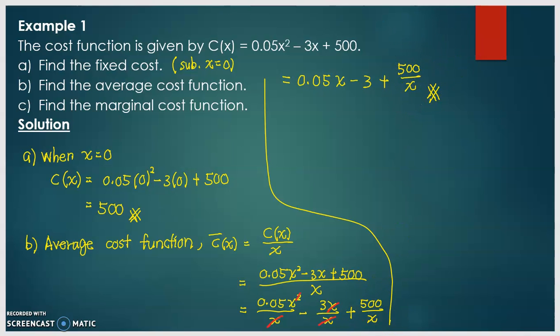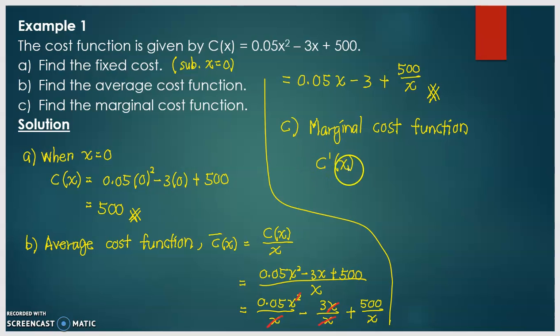So next, we look at C, marginal cost function. As you all know, marginal cost function, seperti yang kita tahu, marginal cost function ni kita kena differentiate. So marginal cost function, di mana simbol dia adalah C prime x.